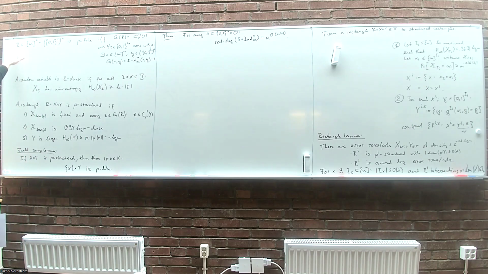So we are given rectangles, which are in the lifted domain. They consist of n pointers, and we have n bit strings, and each pointer picks out something in there.